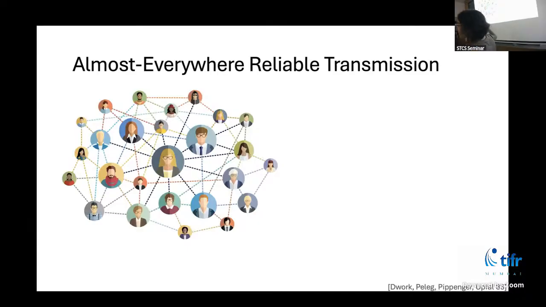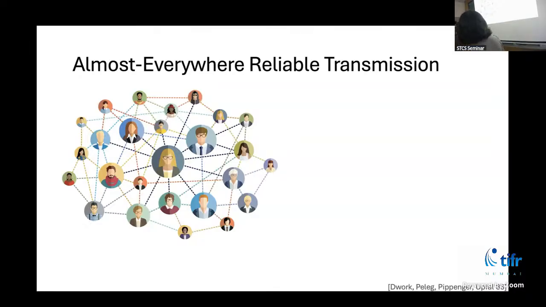So actually this problem was very interesting, because it already existed in the literature. It is called almost everywhere reliable transmission. It was defined by Dwork et al., actually in the context of distributed computing and multi-party computation.